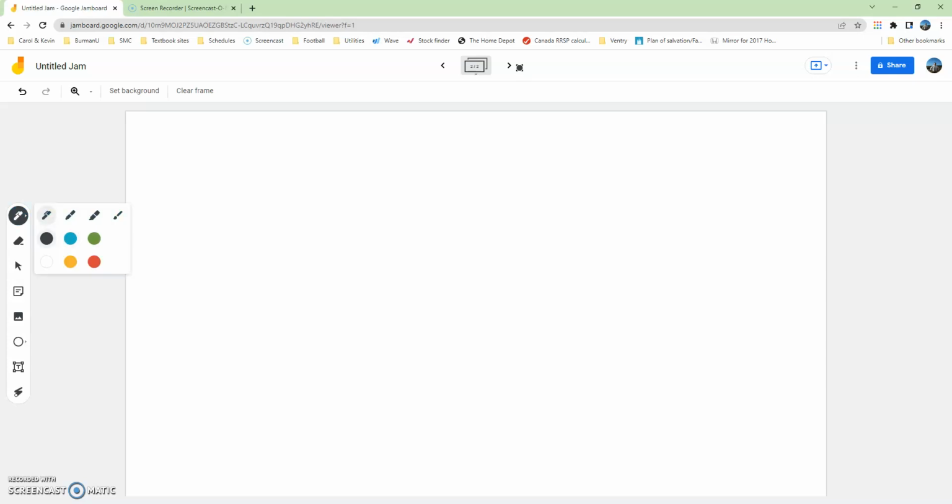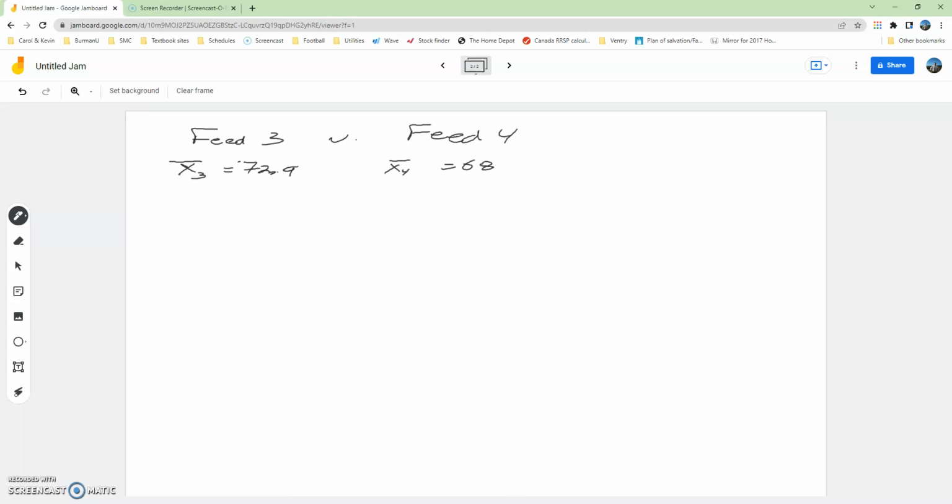So let's just go here. We're looking at basically feed 3 versus feed 4. The average for 3 was 72.9, and the average for 4, 68.8.